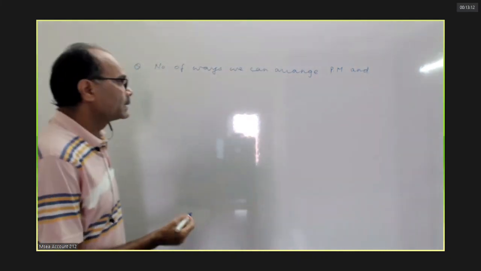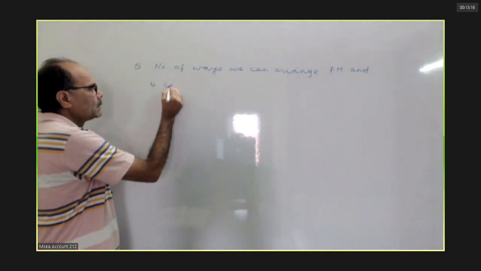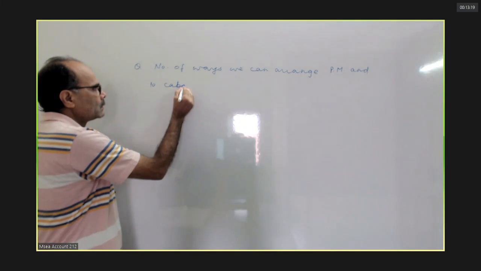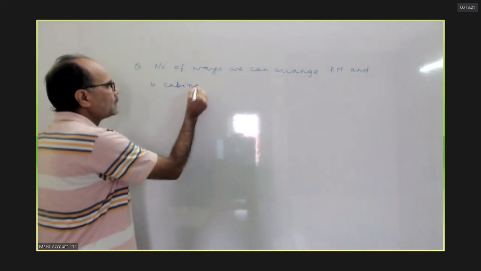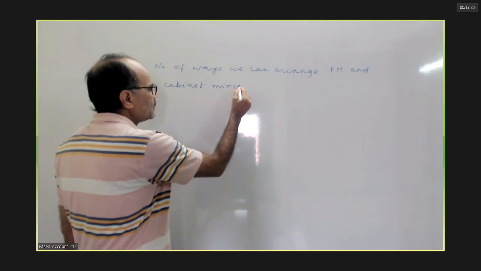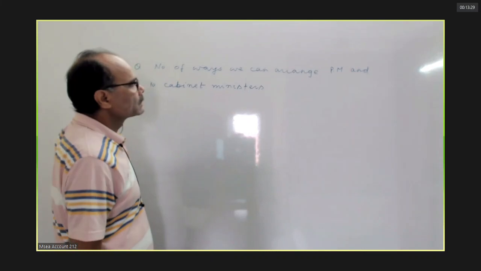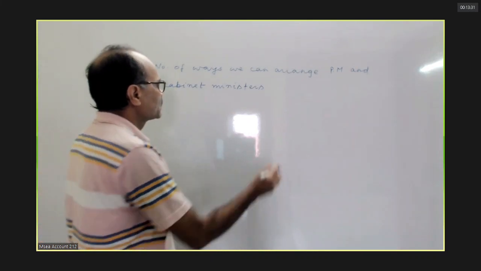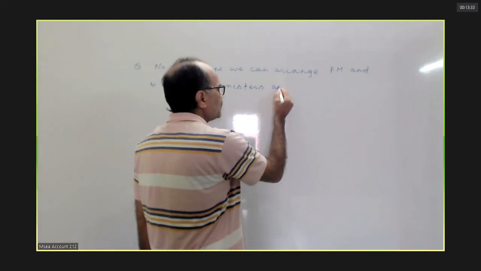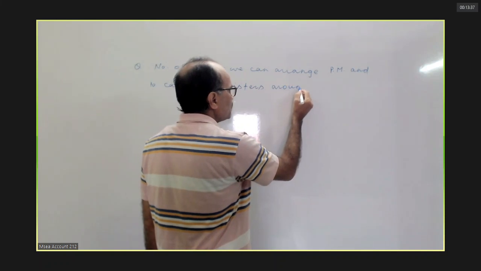A Prime Minister and 10 cabinet ministers sit around a circular table.